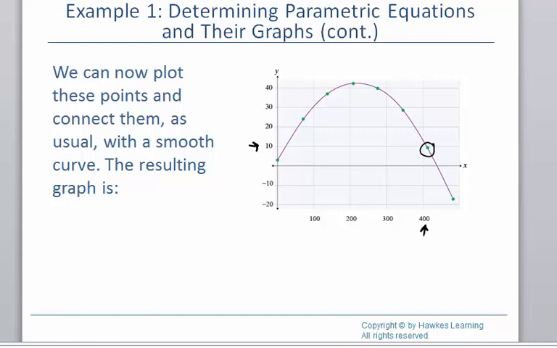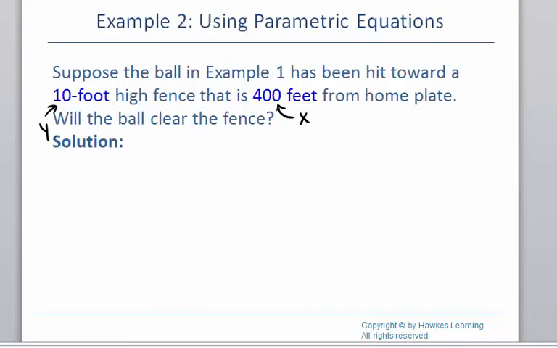But we want to go in and algebraically calculate that just to be on the safe side. All right, so we know that the x value is 400, so let's work with that first. If my x value is 400 and the formula that we came up with for x is 137.9 t, let's figure out the time that goes with this.